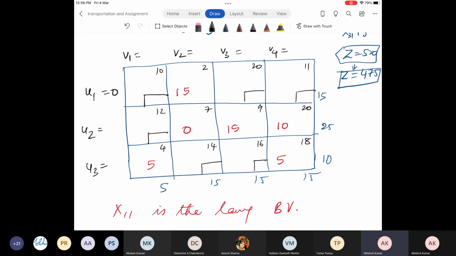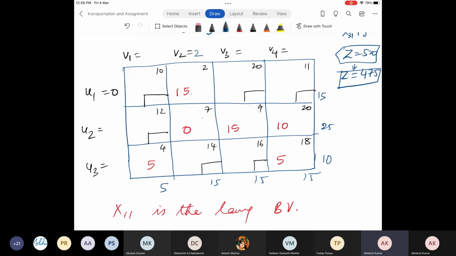What is V1 equal to? One. So for this one, you have to start from here. U1 equals 0. This is a basic variable. So you can start with finding V2. V2 equals 2 plus 0, 2.